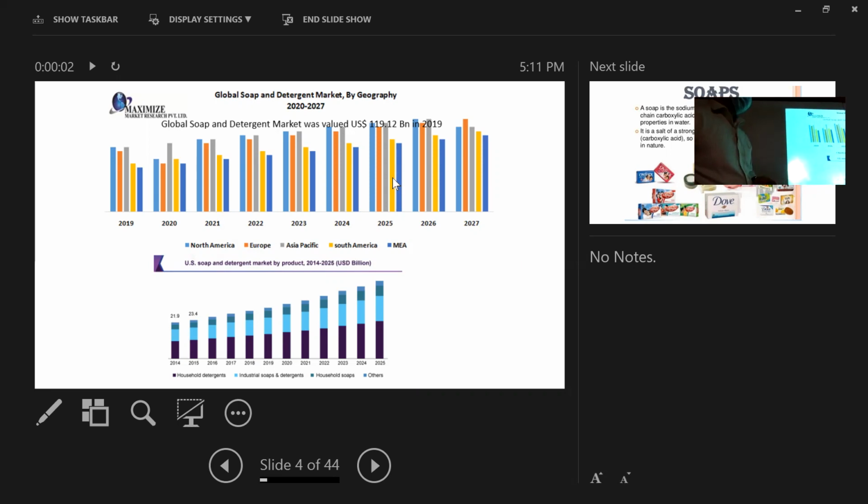The global market and importance of soap and detergents are increasing day by day. Every year, as you can see from 2014 to 2025, I guess from now on it will continue the same, because as we have seen, the COVID situation is not going to recover very soon.